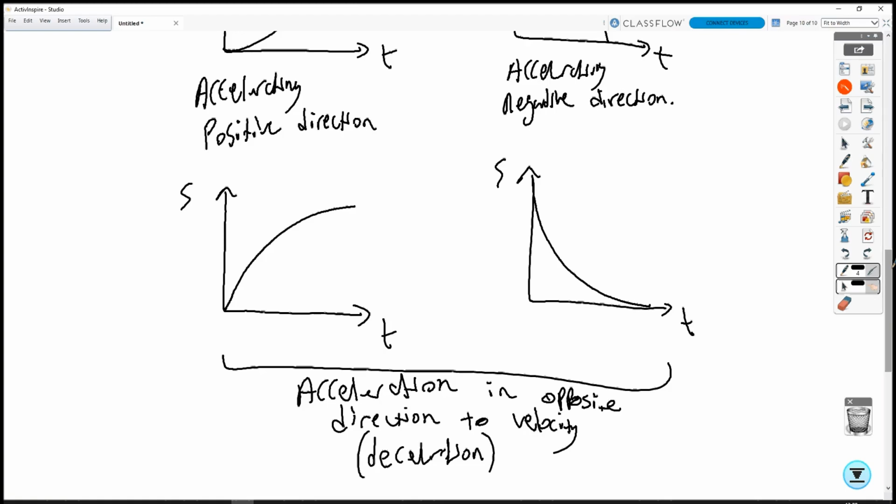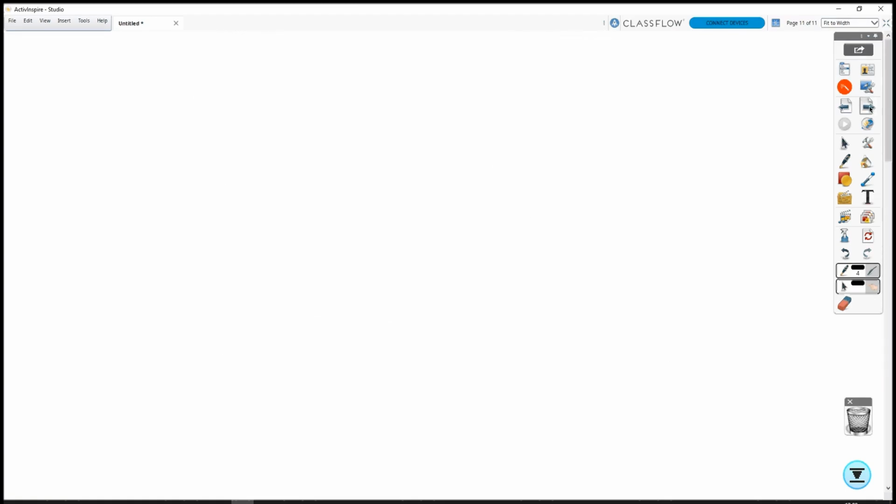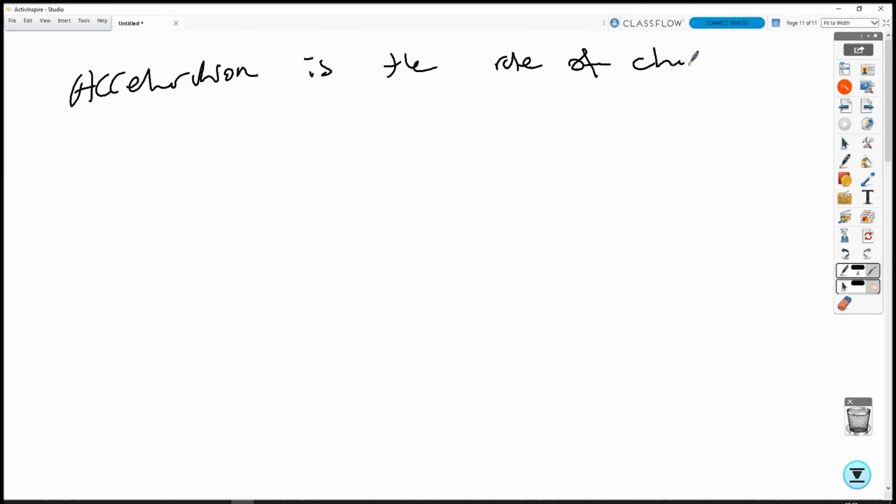Okay, start a new page. Now let's define acceleration. So acceleration is the rate of change of velocity.